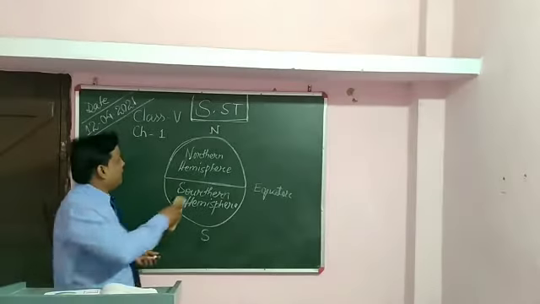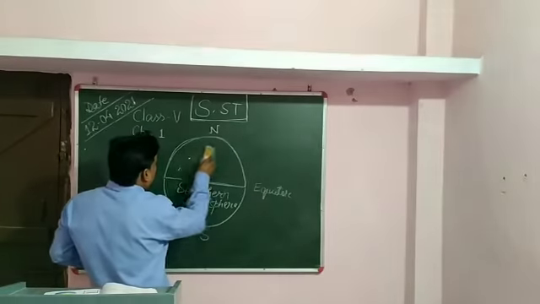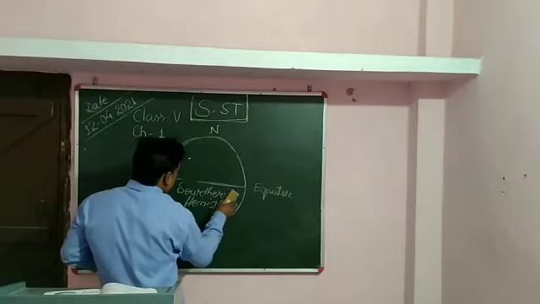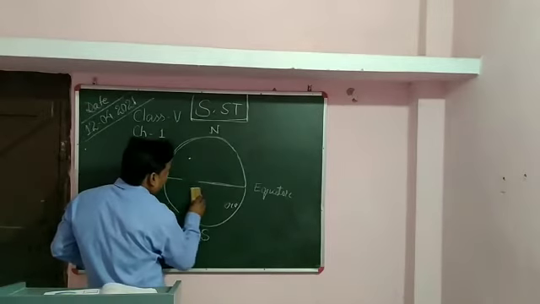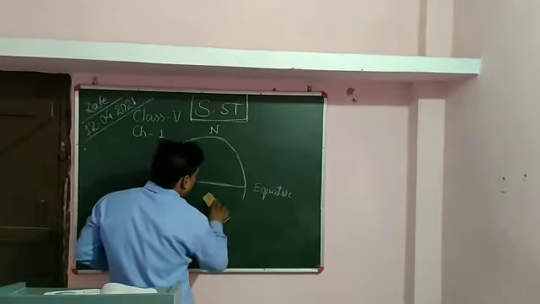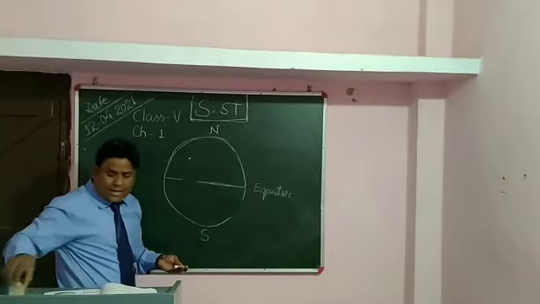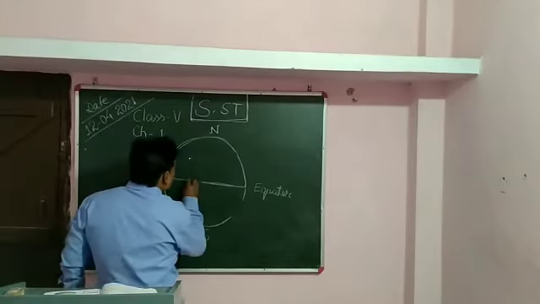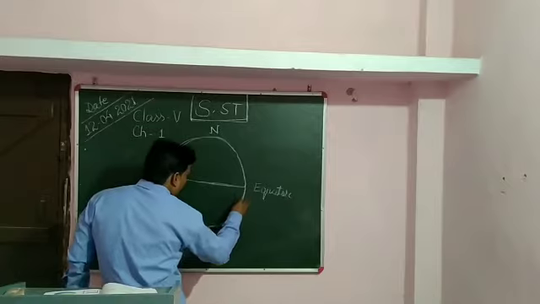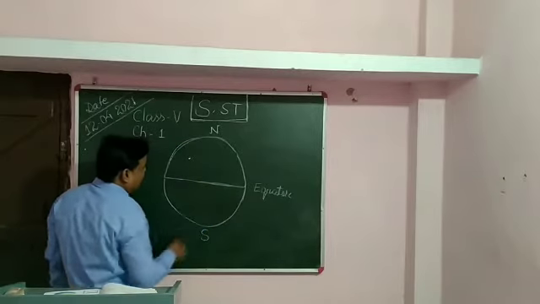Now this line, the equator, is also known as the latitude, 0 degree latitude. It means this is the longest latitude.